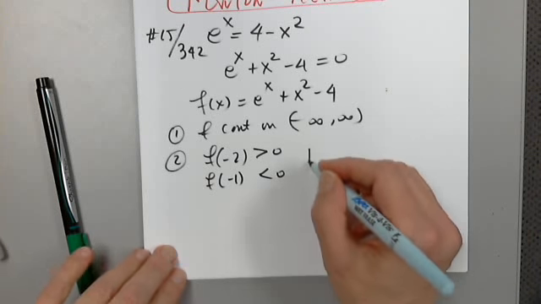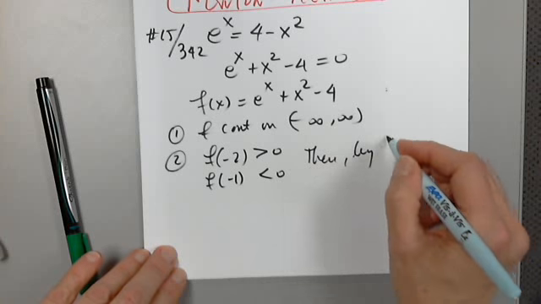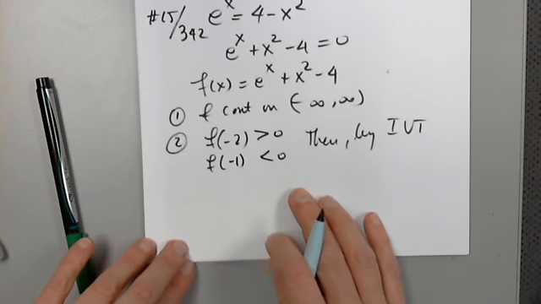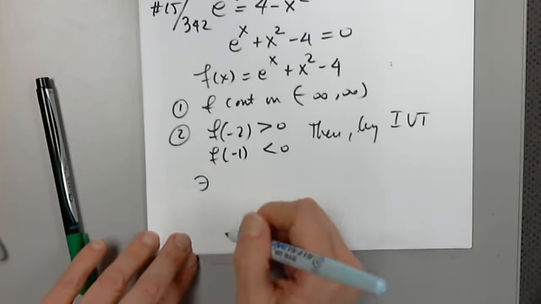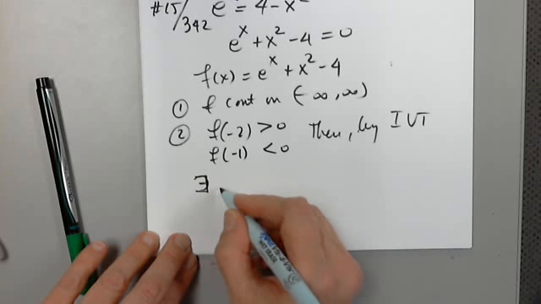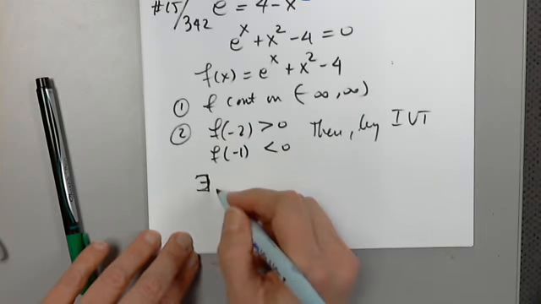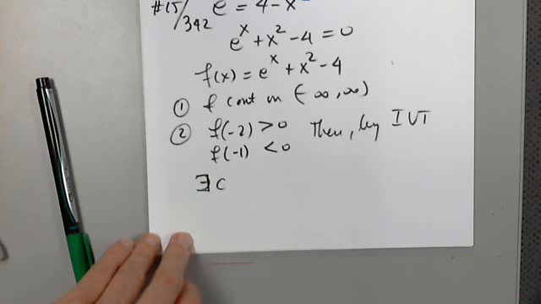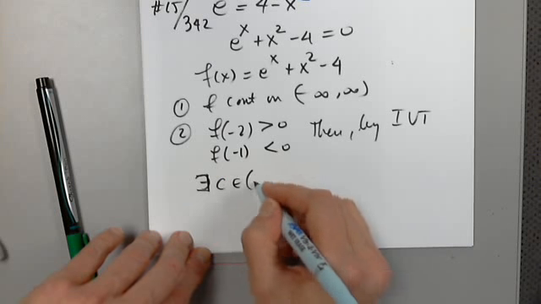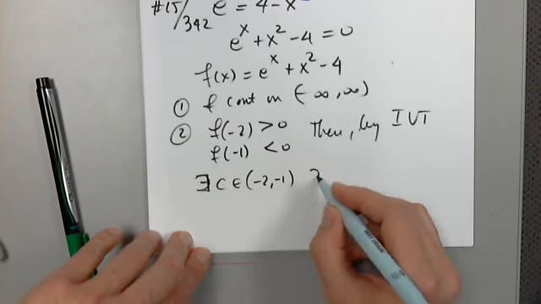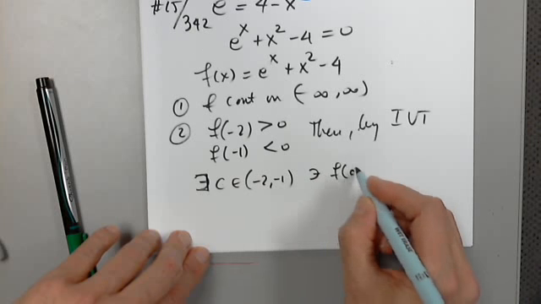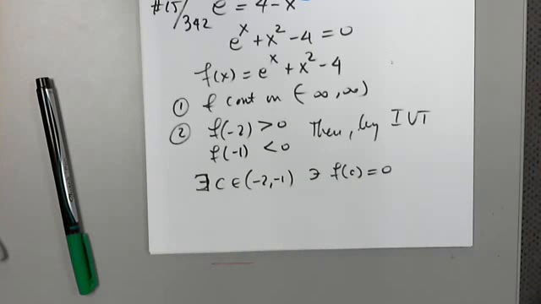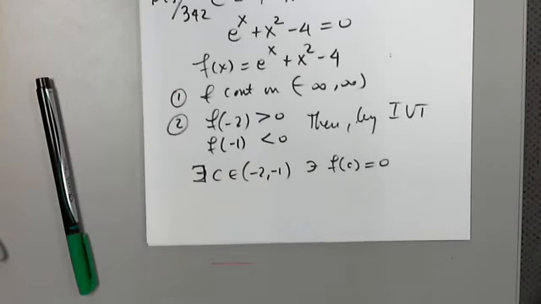And then I will say then by IVT there exists c, or in this case, it doesn't matter, you can use c. In the open interval negative 2, negative 1, such that f of c is 0. And now we are empowered with a method that allows us to determine that solution.